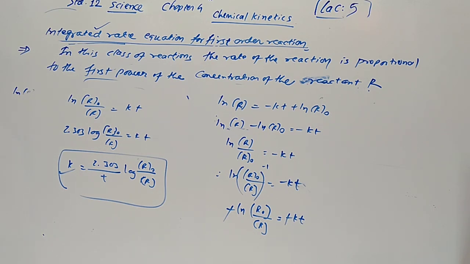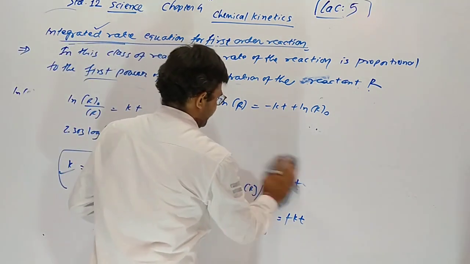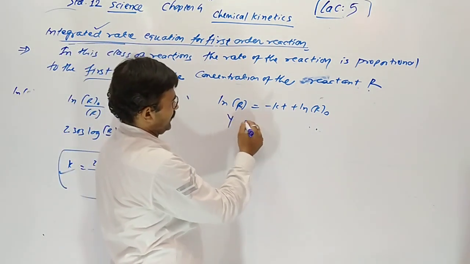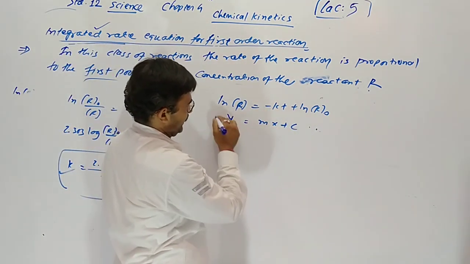And when we plot the graph between ln R and time, first of all, we plot the graph with help of this reaction equation. Y is equal to mx plus c.